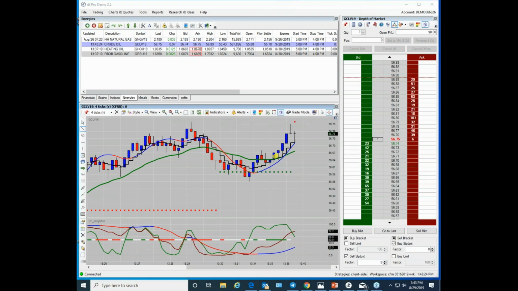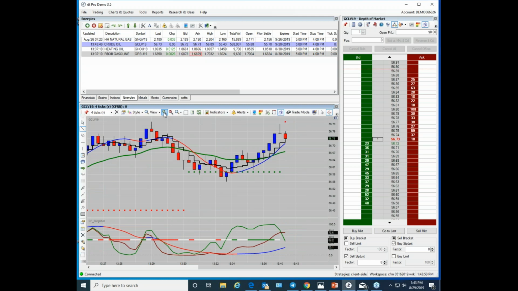All right. So let's see what happens. So we're looking for the pullback. I think when we get the pullback, the green line will get underneath it, and then we'll have the bullish divergence, and we can put it all together. But for the moment, we're on standby. Again, we're not trending because we haven't made a higher high.